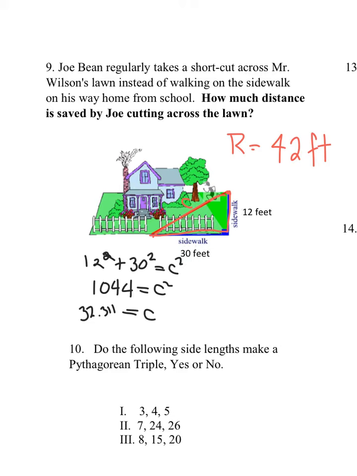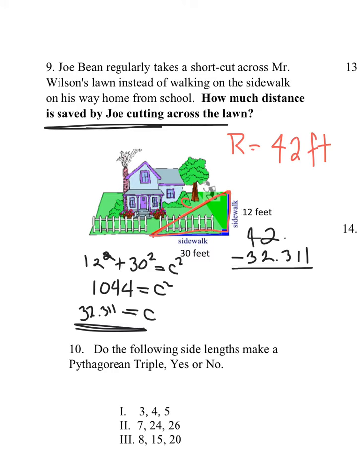So we need the decimal because we need how much is saved by walking across the lawn. So this is not the answer. 32.3 is not the answer to the question. You have to take the 42 from going all the way around the sidewalk and minus the 32.311. And if you do that on your calculator, you'll get a decimal.